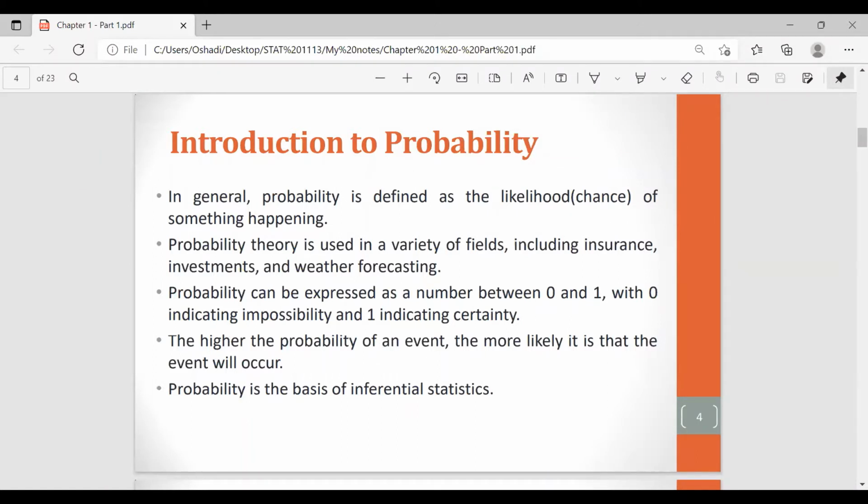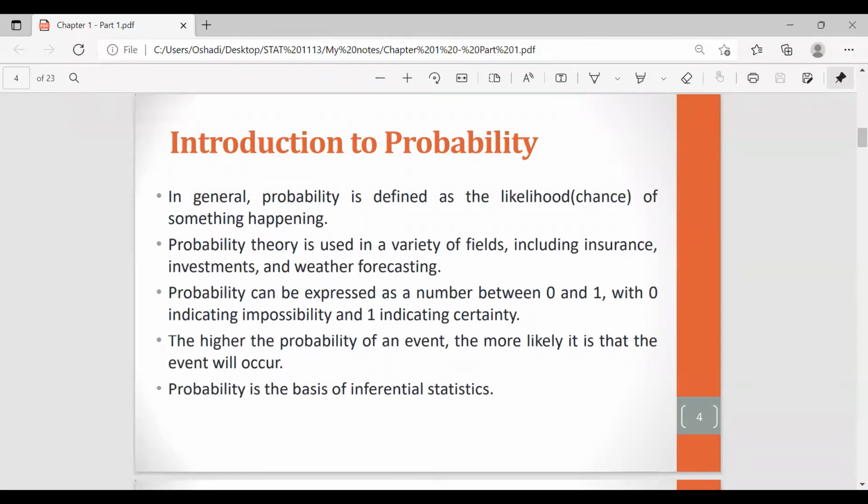When you are learning in second year and third year, we are learning about inference in statistics, making decisions in statistics. So in inferential statistics, probability is the base, right?